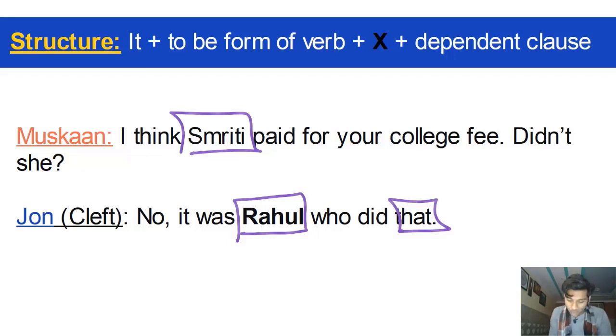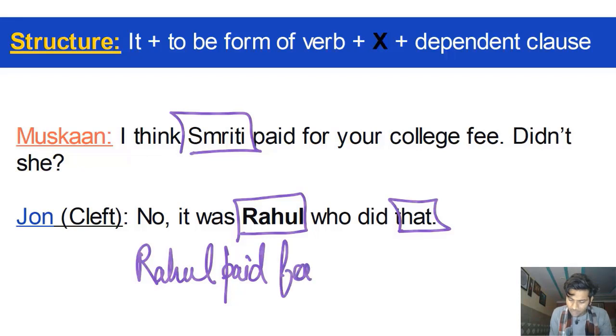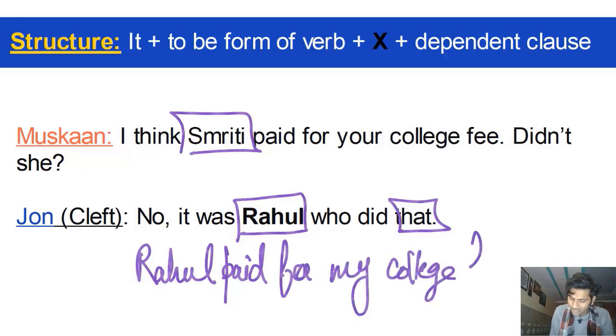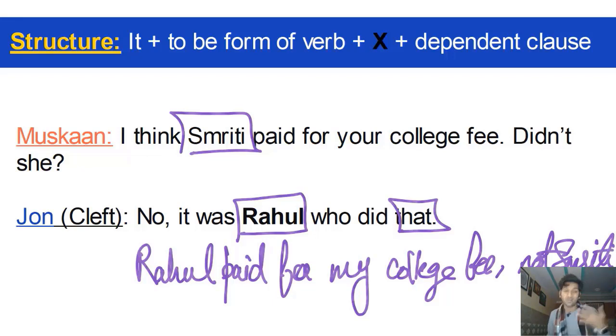Now, a normal sentence would be Rahul paid for my college fee, not Smriti, right? Or you don't even have to add not Smriti, right? Rahul paid for my college fee. But it's less emphatic. The more emphatic sentence is, it was Rahul who did that. It was Rahul who paid for my college fee.